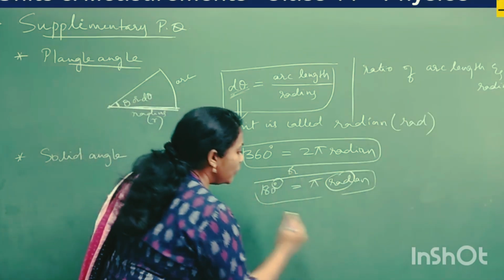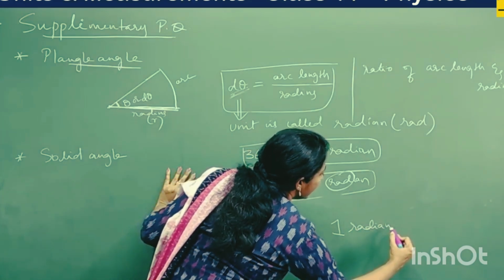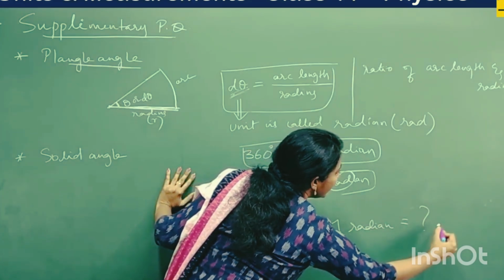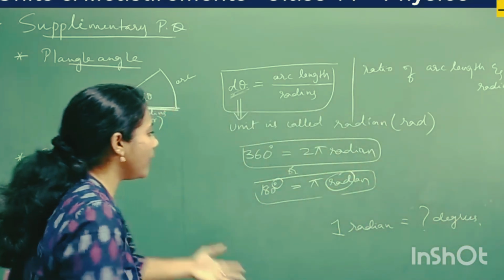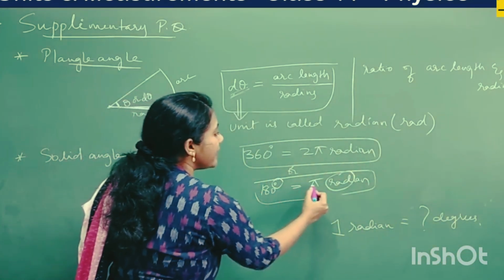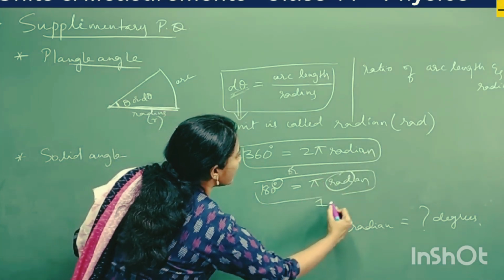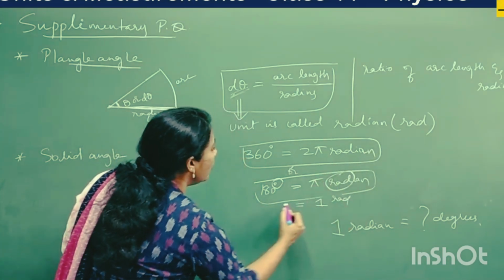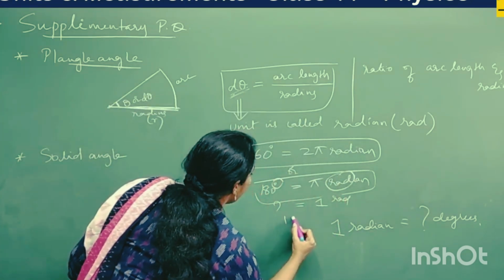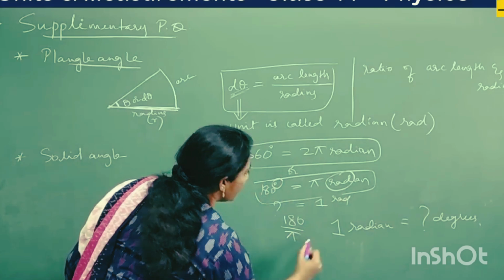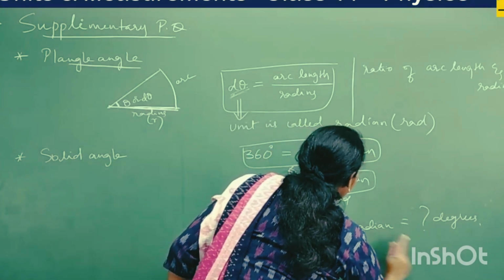And from this, can you calculate 1 radian? 1 radian is equal to how many degrees? We know 180 degrees is equal to pi number of radians. So 1 radian is equal to how many degrees? It's 180 divided by pi, right? So 180 divided by pi is equal to how much?